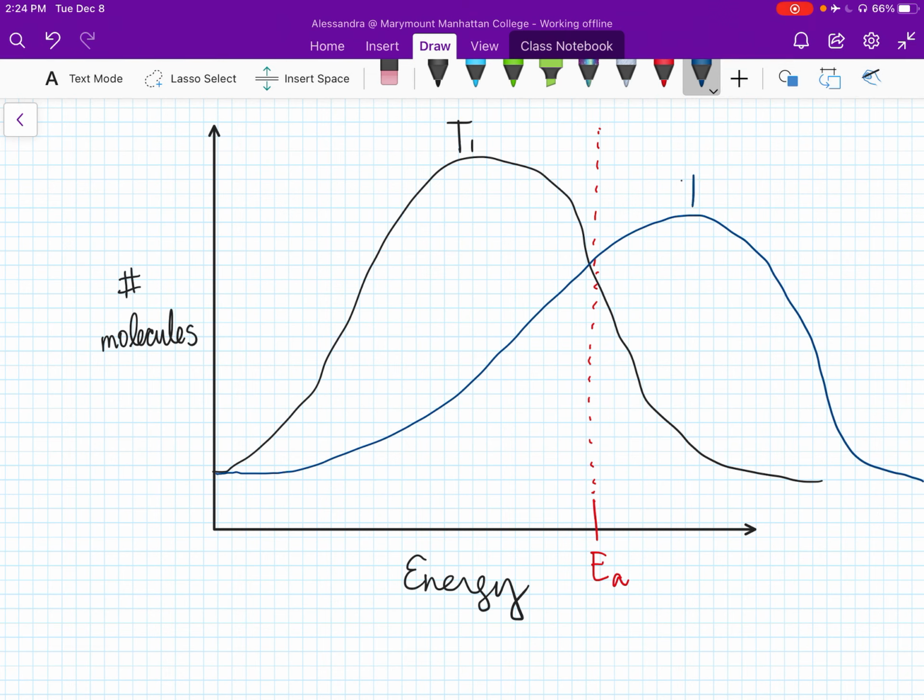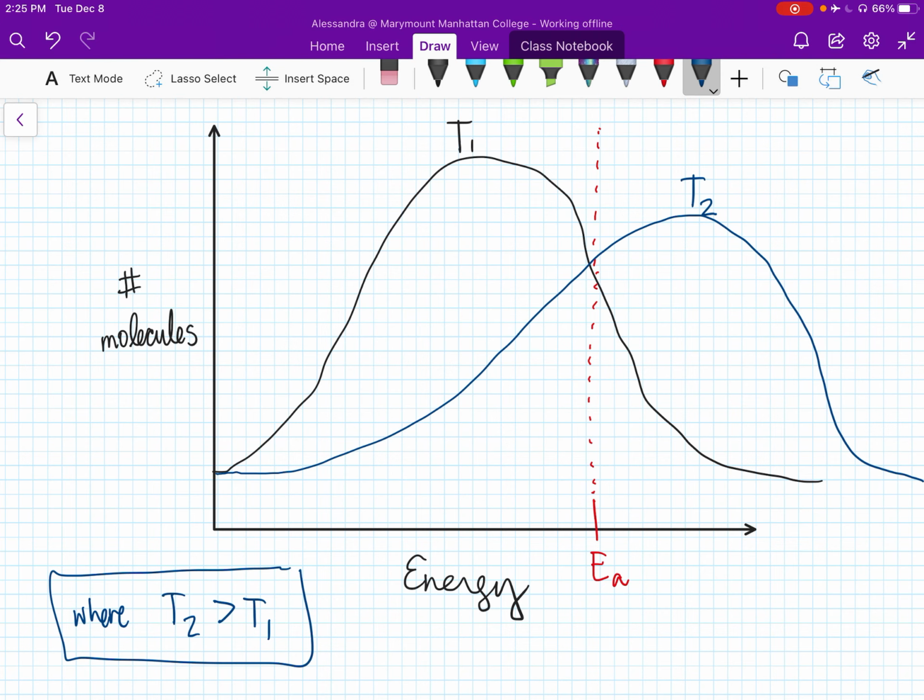The blue line is temperature number 2, where temperature 2 is higher than temperature 1. When I have a higher temperature, I have more molecules with higher energy.